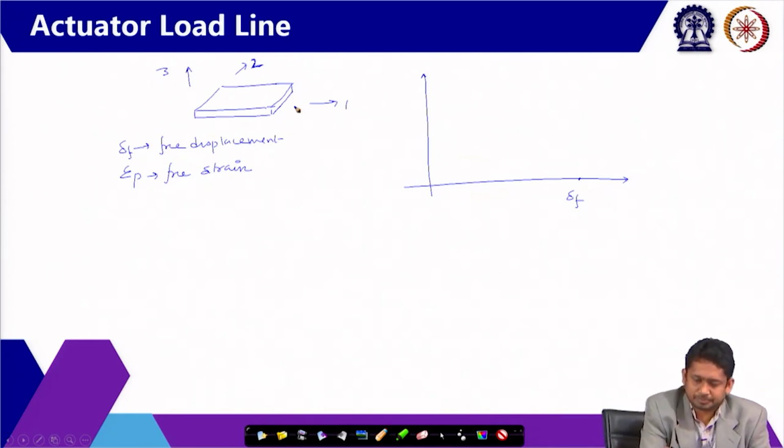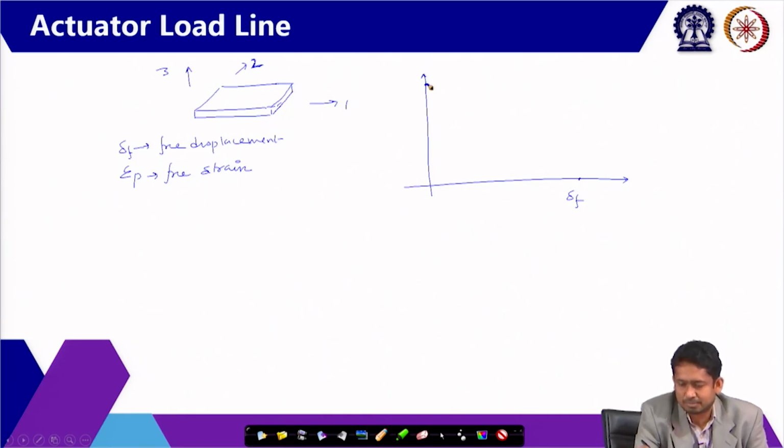Now, if I restrict it from expanding or contracting, if we hold it tightly in its place, then it would try to expand or contract, but it would not be able to. So, it will exert a force on the surroundings, and the surroundings also would exert a reaction force on it, and that force is called the block force. So, that is the maximum actuation force that we get from the actuator.